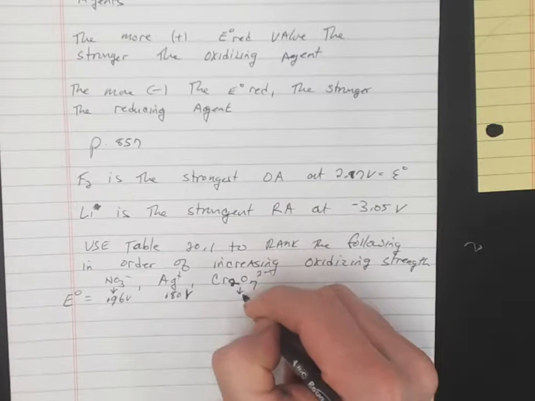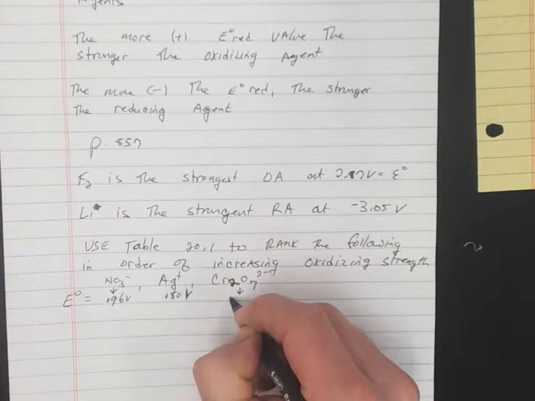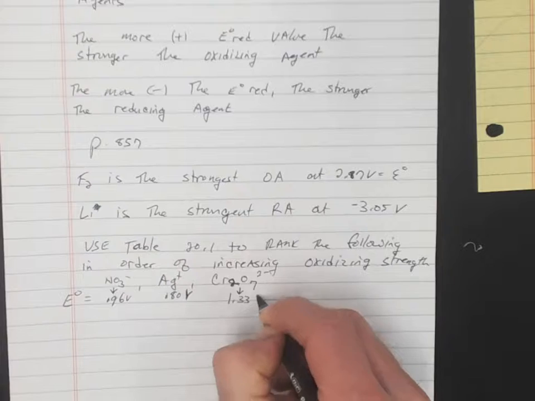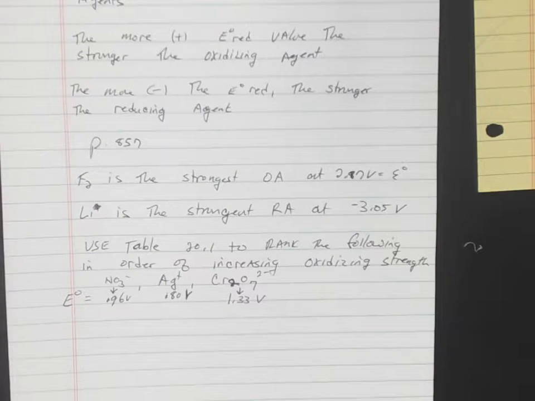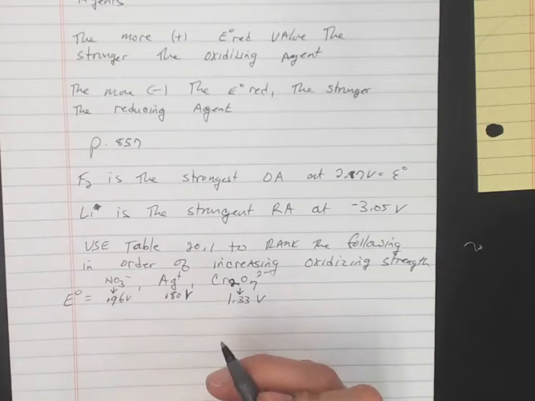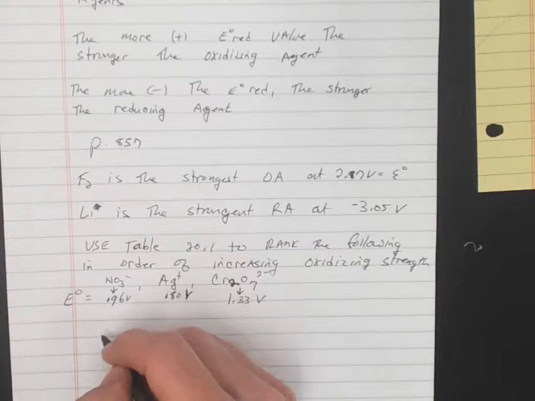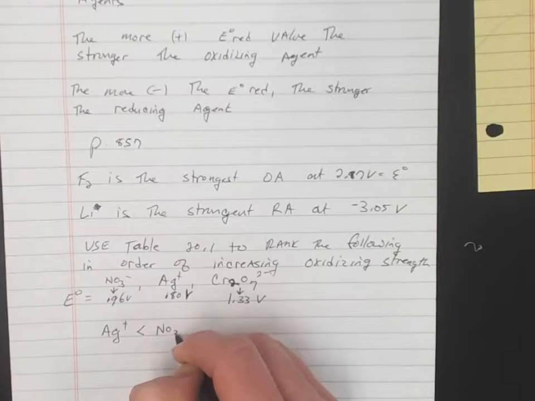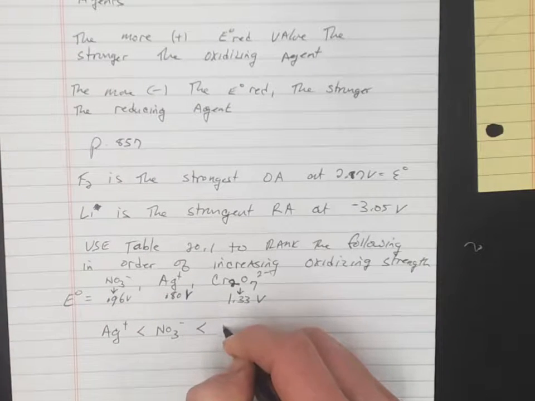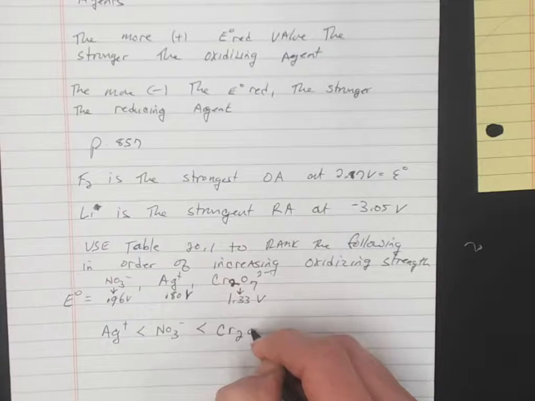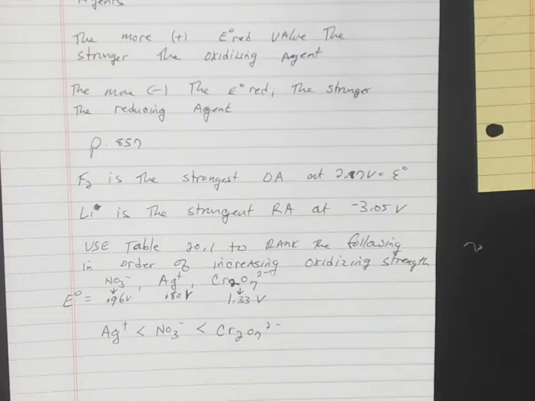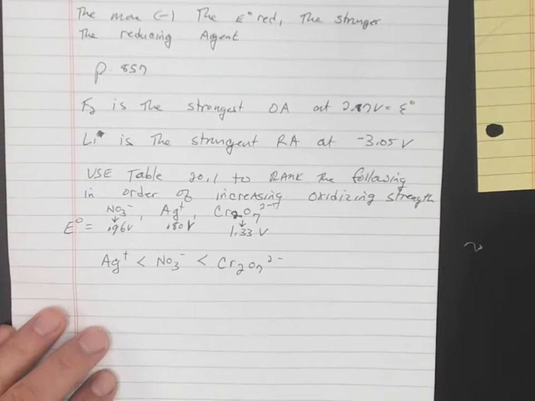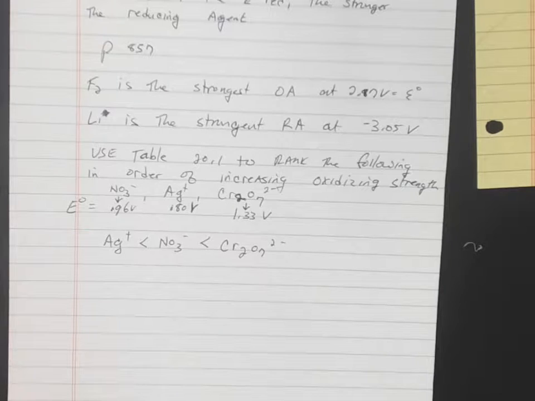And what about for chromate? Yep, and we want to rank them in order of increasing oxidizing strength, so we're going to go Ag plus is greater than the NO3 negative, which is greater than the chromate Cr2O7 2 minus. Just like that.